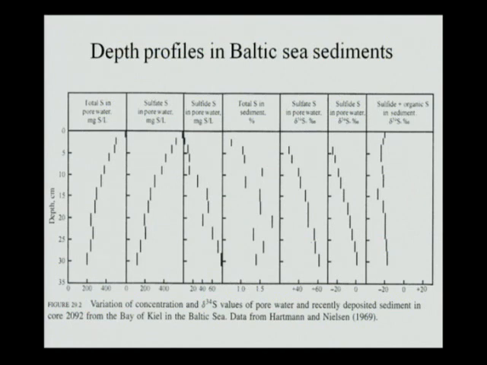This is already a very old example, Hauptmann-Nielsen, 1969, but it is very educational. They looked at shallow cores in the Baltic Sea and looked at the distribution of sulfur, sulfate, and their isotopes in the pore water.